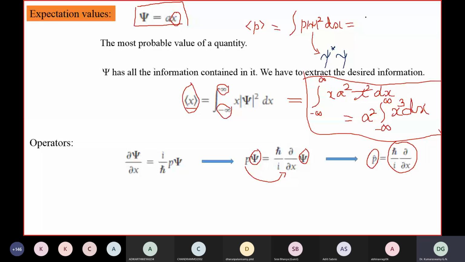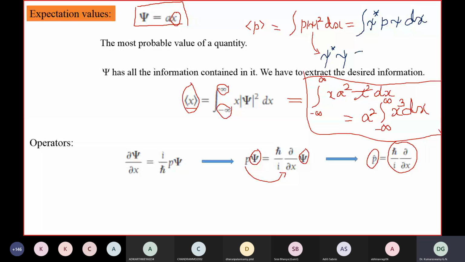Okay. So now I'll rewrite this as the integration of psi star P psi dx.